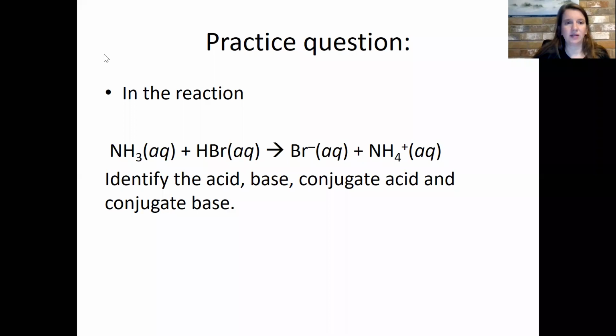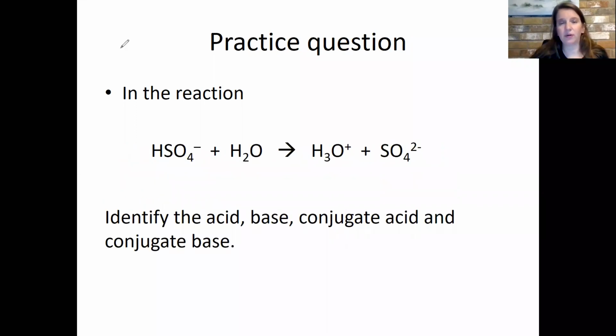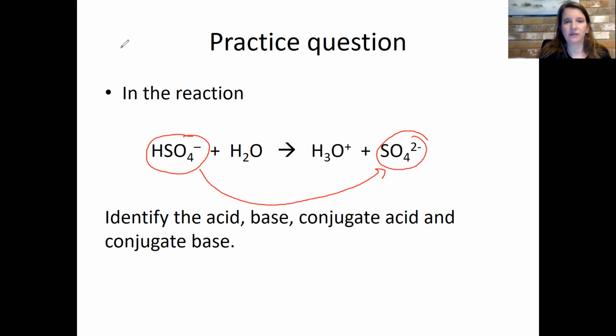So we'll look at the next example. We're looking to identify all 4 of those things again. We want to see what happens with the hydrogen. So HSO4 negative 1 becomes SO4 negative 2 on this side. H2O becomes H3O plus on this side. So which thing lost the hydrogen?